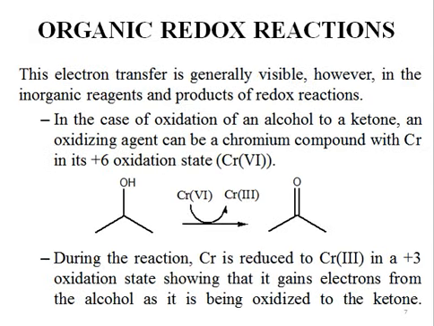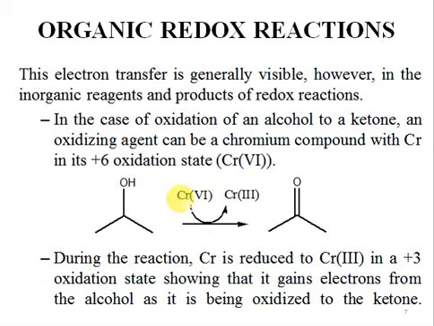The electron transfer becomes visible when we look at the inorganic reagent, because in organic reactions we make use of inorganic reagents. So when we are interested in seeing where the electron is flowing, we don't look at the organic reaction. Instead, we look at the inorganic reagents used in the reaction. For example, consider the same reaction. Here we have a secondary alcohol being oxidized to a ketone, so we don't know how the electrons are flowing.